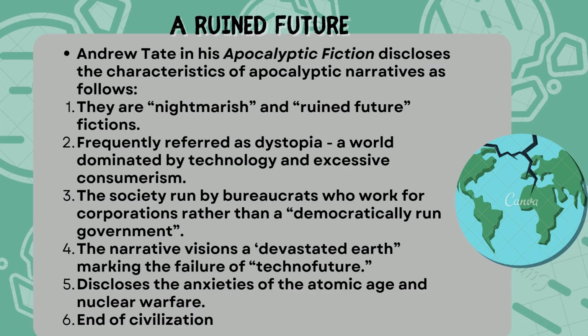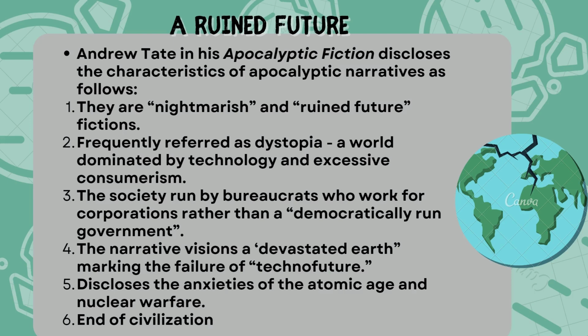So here, when you refer to Andrew Tate's apocalyptic fiction, he discloses the characteristics of apocalyptic narratives as follows. So the first one is they are nightmarish and ruined future fictions. Get it? So frequently they are referred to as dystopia, a world dominated by technology and excessive consumerism. And the third feature is that the society is run by bureaucrats who work for corporations rather than a democratically run government.